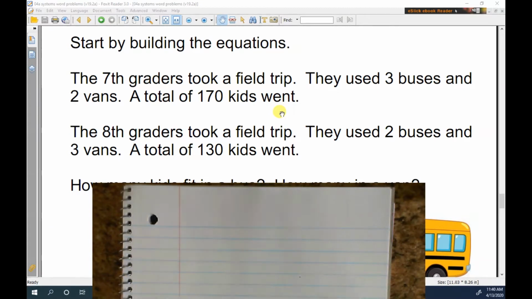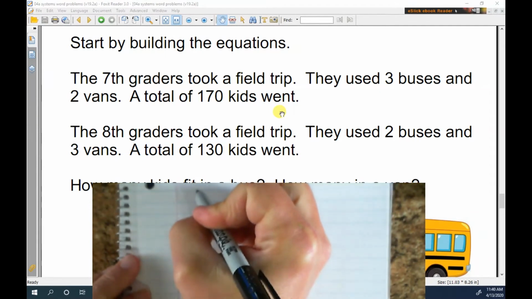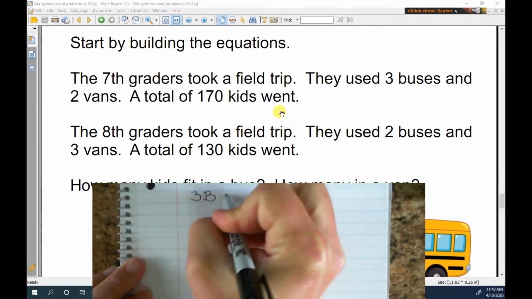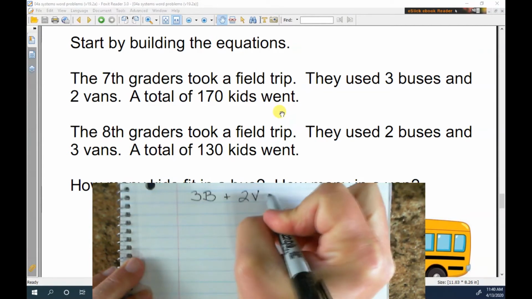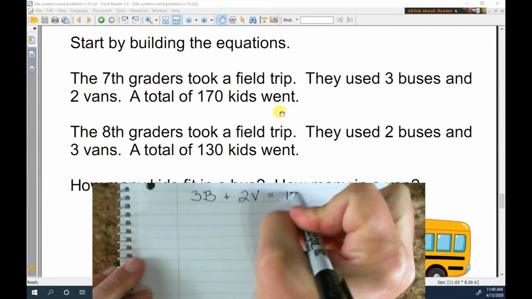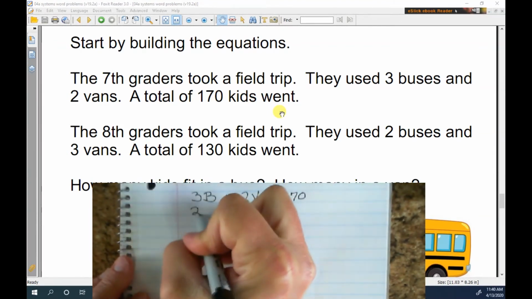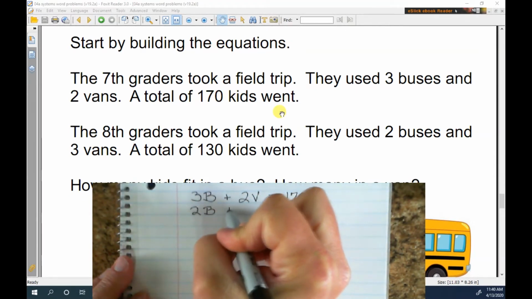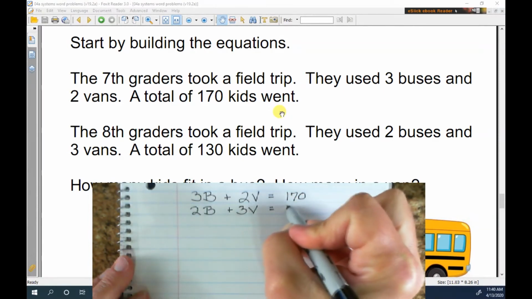So let's build an equation for that. 3 times the number of kids per bus plus 2 times the number of kids per van equals 170. 8th graders, 2 times the number of kids per bus plus 3 times the number of kids per van equals 130.